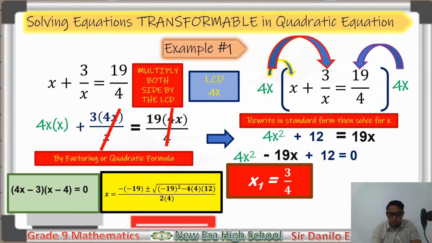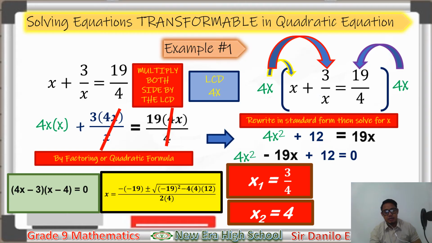Okay? So, by solving it, you will have the value of x1 equals to 3/4. And x2 is equal to 4. Okay? This one, by applying zero product property, lilipat mo lang yun, magiging positive 3 divided by 4.